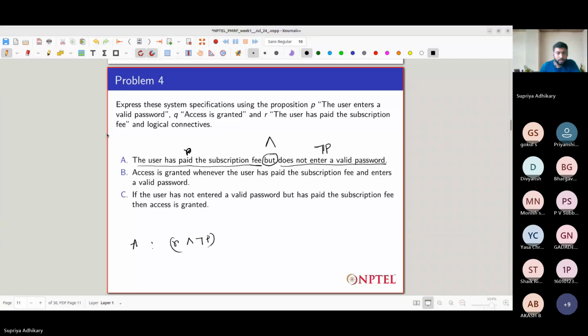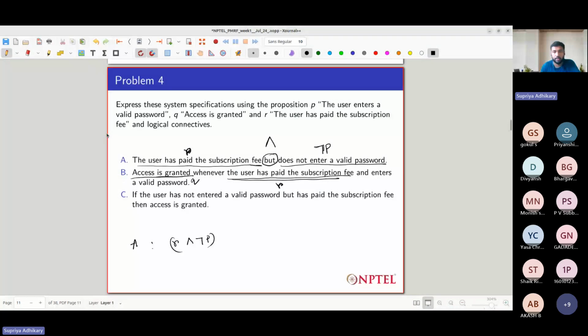Okay. The second one is that access is granted. So access is granted is nothing but our proposition Q over here. So this is Q, whenever the user has paid the subscription fee. So the user has paid the subscription fee is basically the proposition R over here, and enters a valid password.